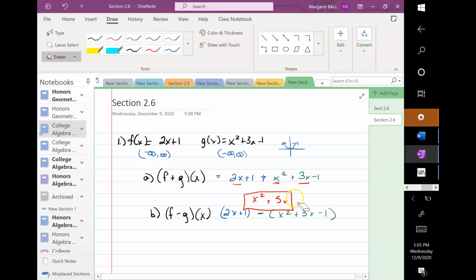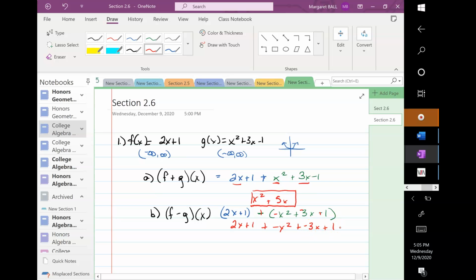Now, I would advise that you distribute the minus sign through. So what I mean by that is do the algebra doorbell. Ding, dong, dong, dong, and change all of the signs in that second parentheses. So now what you have is addition, so now you don't need the parentheses anymore. 2x plus 1 plus negative x squared plus a negative 3x plus 1.